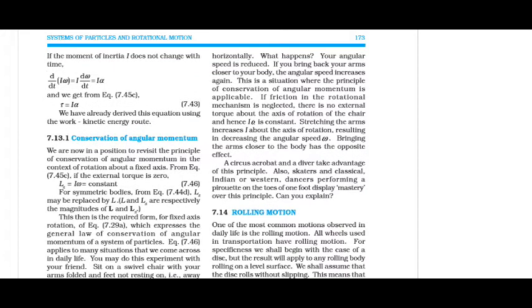If the moment of inertia I does not change with time, d(I omega) upon dt is equal to I d omega by dt, which is I alpha. And we get from equation 7.45c that tau is equal to I alpha. We have already derived this equation using the work kinetic energy route.